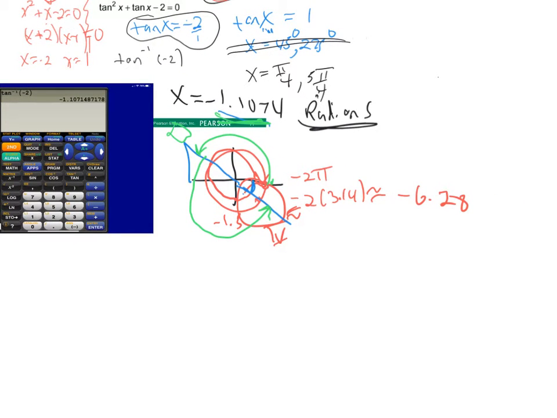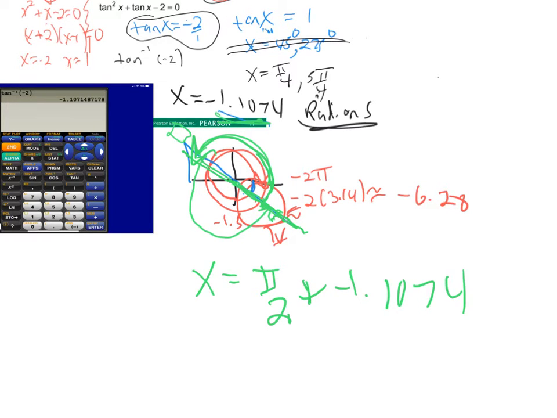So how am I going to work on that? Think about it. If I was here at negative 1.1074, how many radians is it to move this line all the way that way? It's a straight line. So that made 180 degrees, but I have to keep it in terms of radians. So my answer for this particular problem would be pi over 2 plus the original start where I was, negative 1.1074.